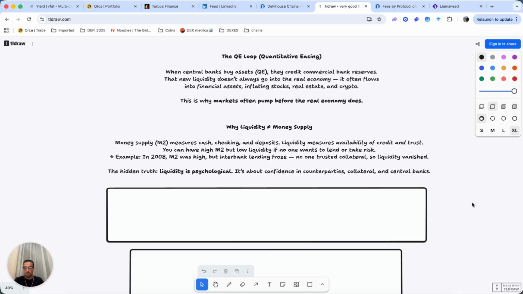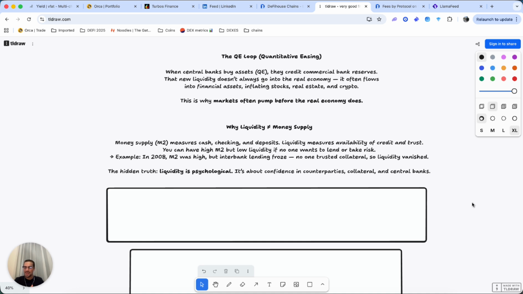So for example, once again, 2008, M2 was high, but interbank lending froze. No one trusted the collateral, so liquidity vanished. All of that real estate backed, mortgage-backed loans and financial instruments, no one trusted that as collateral anymore. And the whole liquidity vanished, and then the market crashed.